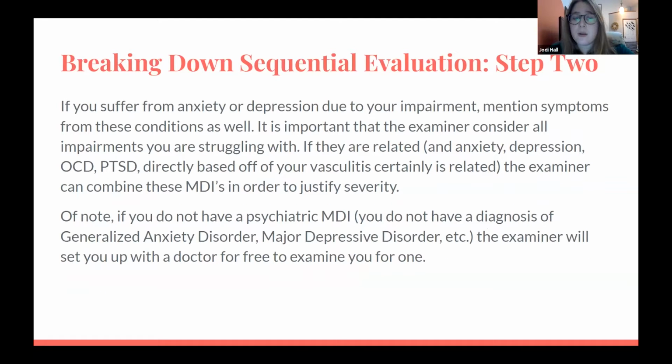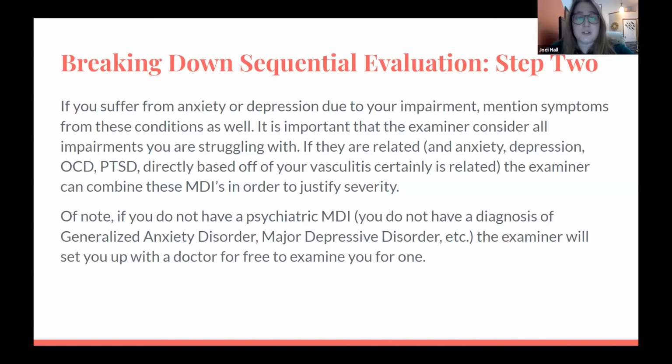And then another really important thing is if your diagnosis of vasculitis has started or exacerbated any existing mental health impairments, that can also be considered. So if you've been doing infusions or you're on prednisone and you're getting PTSD from the symptoms, or if you've had surgeries and long hospital stays, you can absolutely add that, and they will conjoin them to establish severity.